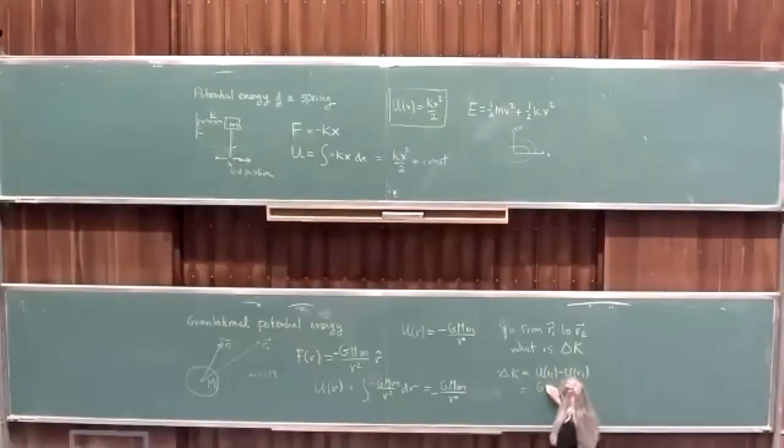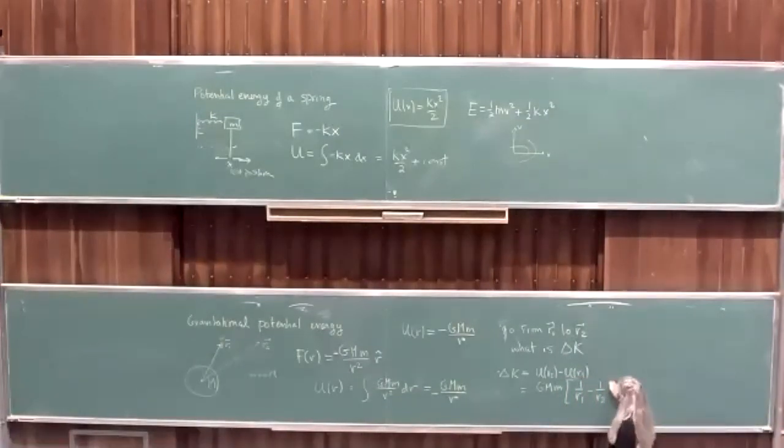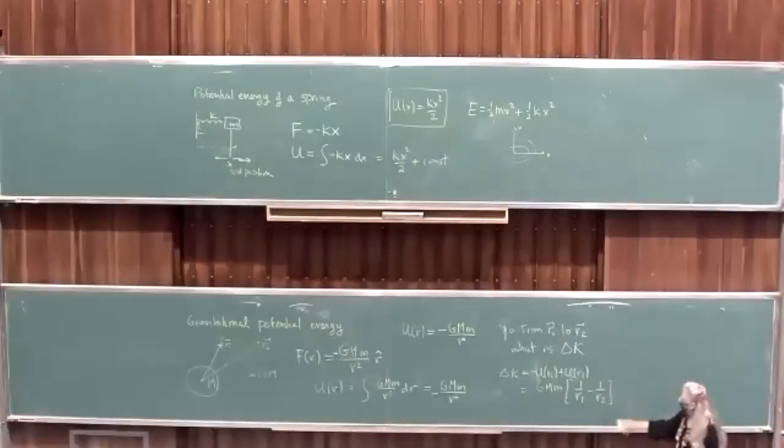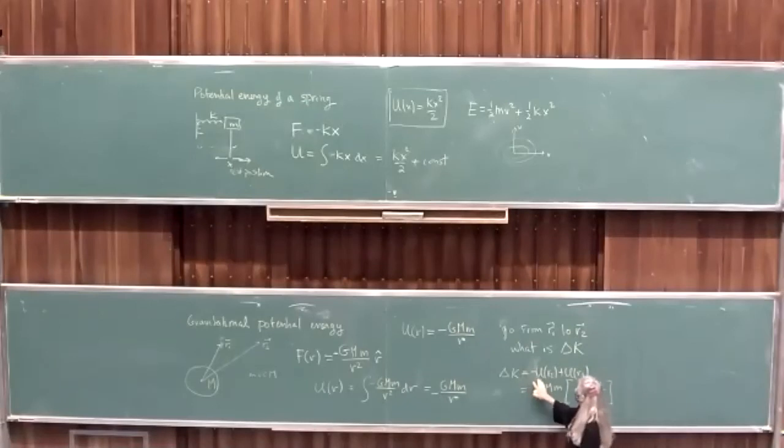This is going to be G M m times 1 over R1 minus 1 over R2. Let's put the minus sign on this side, and then it'll look like that. You can usually get the sign right by thinking about it: if you're moving further out, it's going to lose kinetic energy.